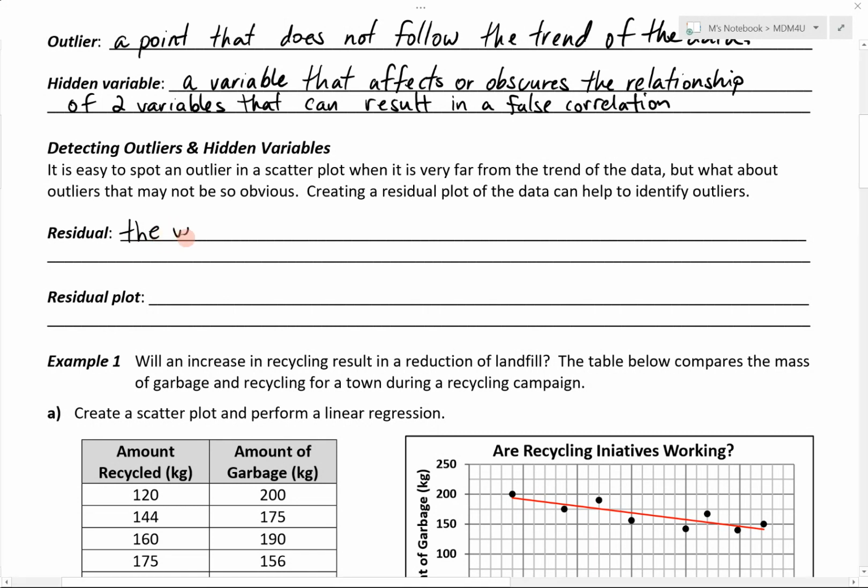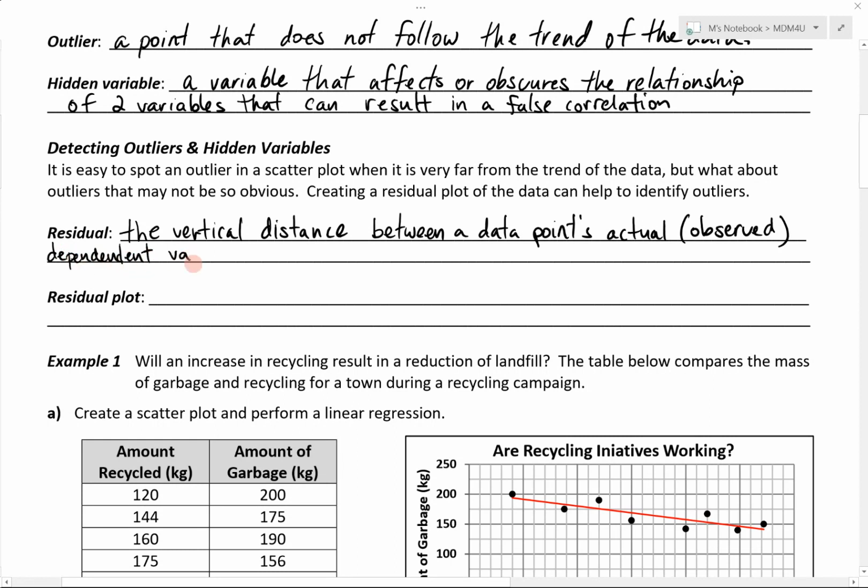It's the vertical distance between a data point's actual, or you can say observed, dependent value and the value predicted by the line of best fit.